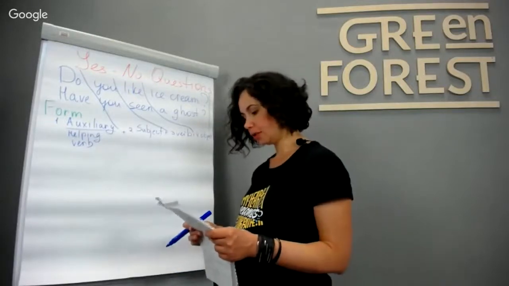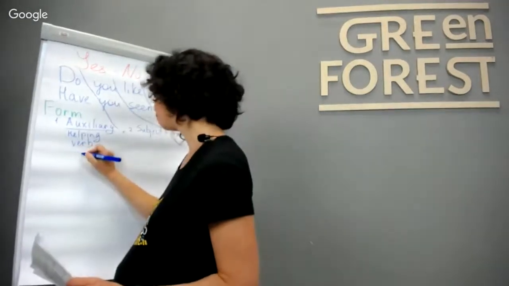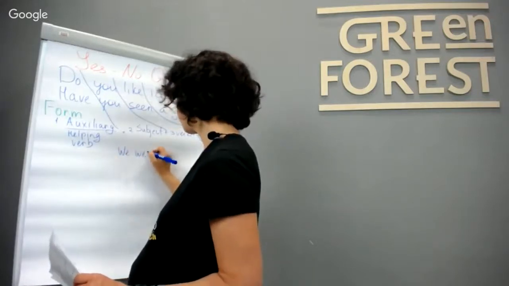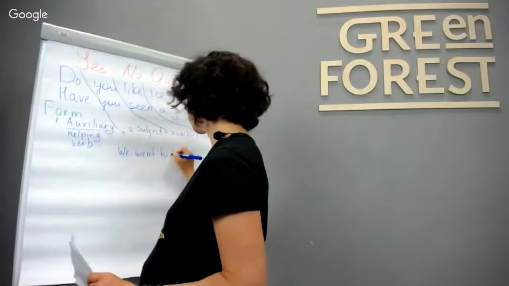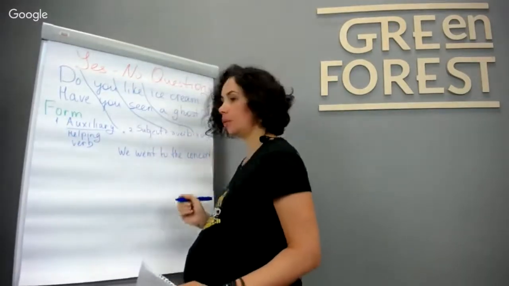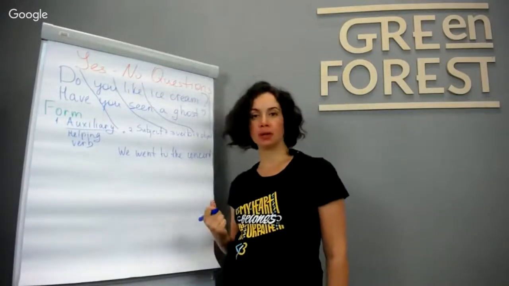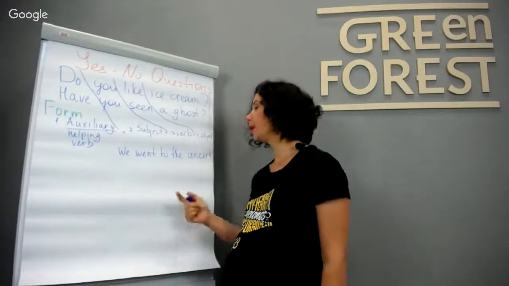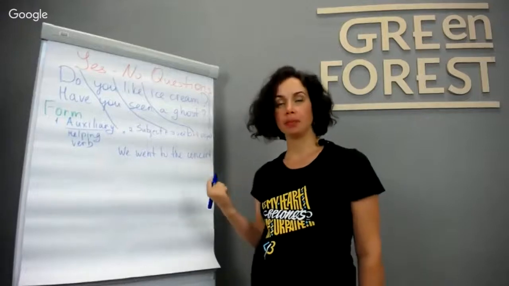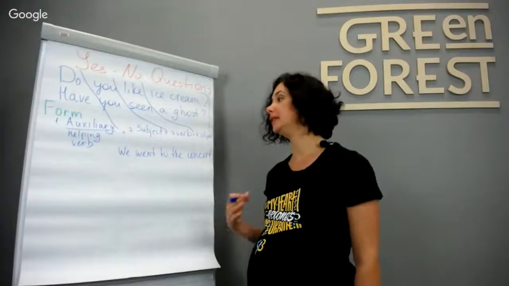Let's look at the first one. We went to the concert. First of all, we need to identify what kind of auxiliary verb we can use here. If we look at the sentence, we can understand that this is past simple, and the auxiliary verb that must be used is did.